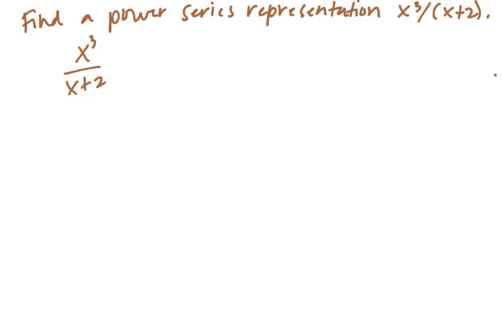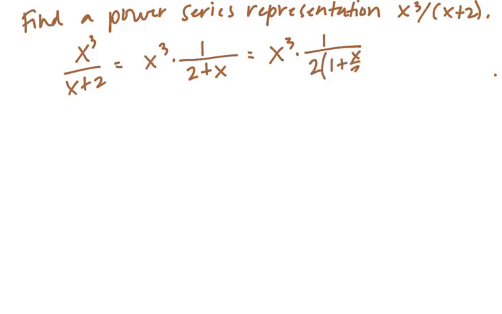Now, this x to the third is interesting. So let's pull it off to the side and say x to the third times 1 over, switch those to be 2 plus x. So it's going to be very similar to the last one. x to the third times 1 over 2 parentheses 1 plus x over 2. So let's pull that 1/2 out and call it x to the third over 2 times 1 over 1 plus x over 2.